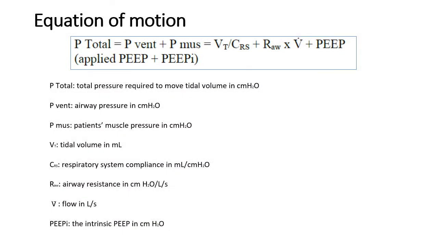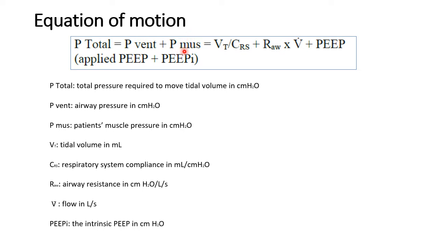Among the important equations during mechanical ventilation is the equation of motion, which describes the force needed to drive the gas into the lungs, and that's derived from Newton's law of motion. What that equation states is that the total pressure is a combination of the ventilator, which is P vent, plus the patient, which is P mus or P muscle.